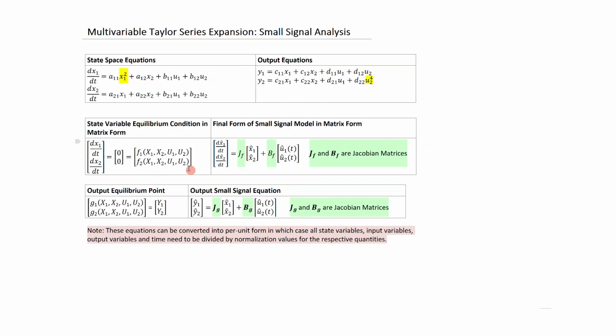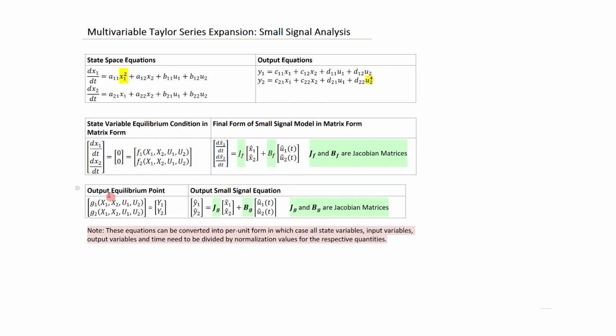Then the small signal model involves small perturbations in the state variables, which depend on the perturbations of the state variables and the input variables. There will be a matrix in front, which is a Jacobian matrix, which involves the partial derivatives with respect to x1 and x2, and partial derivatives with respect to u1 and u2.